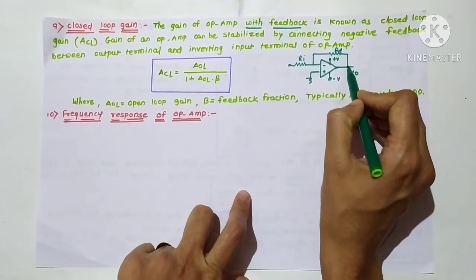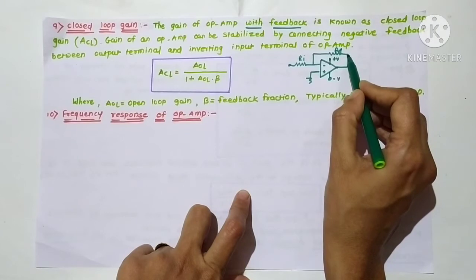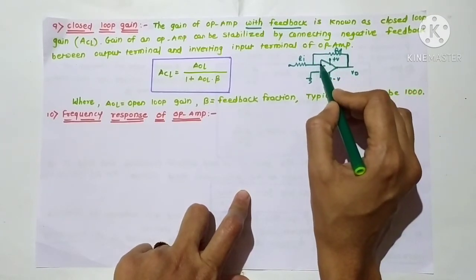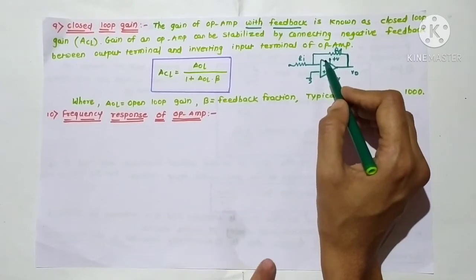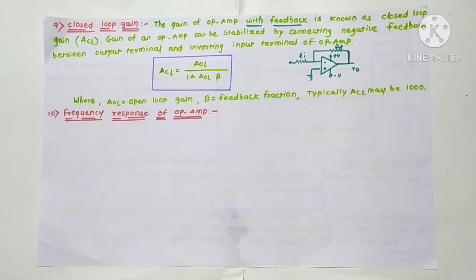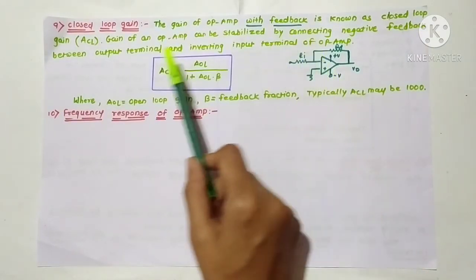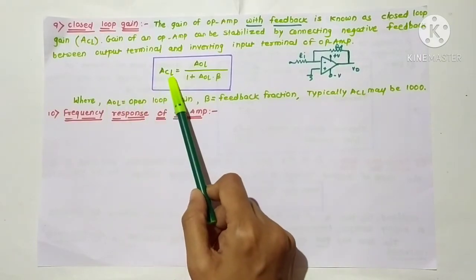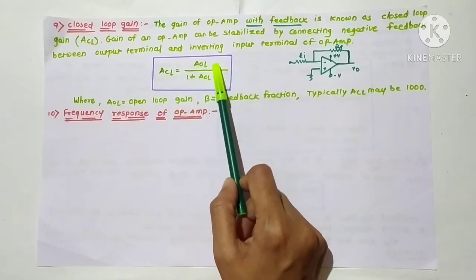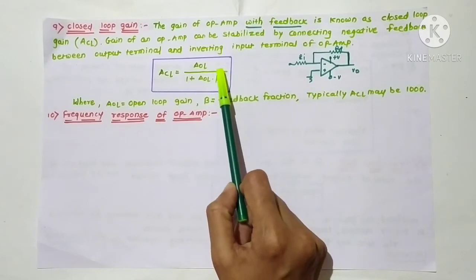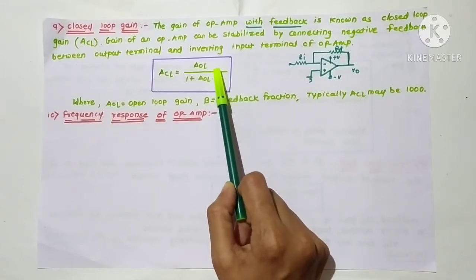So this is the applied output, or a sample of the output, again given to the inverting input. This is called as what? Closed loop gain. Okay, students? So the gain with feedback is called closed loop gain and it is denoted by ACL, given by this equation: AOL upon 1 plus AOL into B. All of you know that this beta is the feedback fraction.